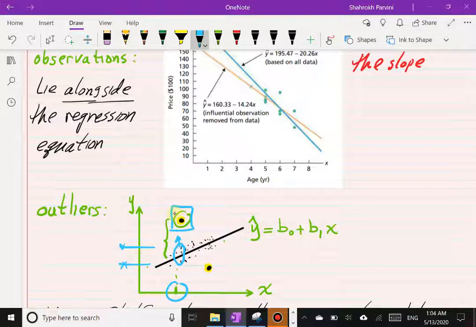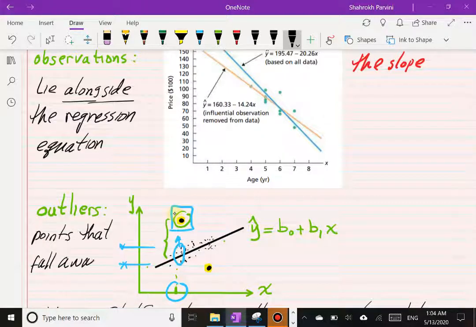Okay, so outliers, these are the points that fall away from the regression line.